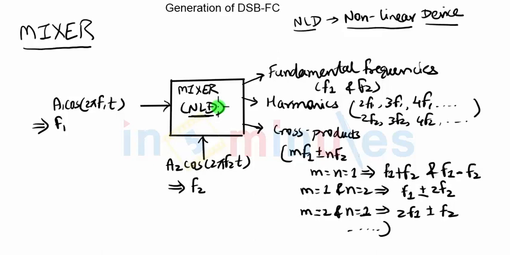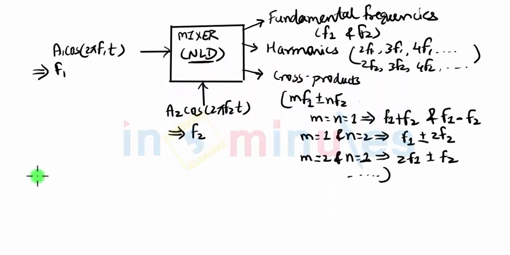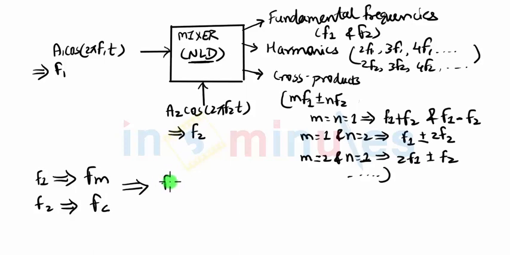Now, how will this mixer help me in the generation of DSB-FC signal? It's very simple. In case of f1, we will give, let's say, my modulating signal, which has the frequency of fm. In place of f2, I will give the carrier frequency, which is fc. On the output, we will have a variety of frequencies. Out of all those frequencies, we will extract the three frequencies.